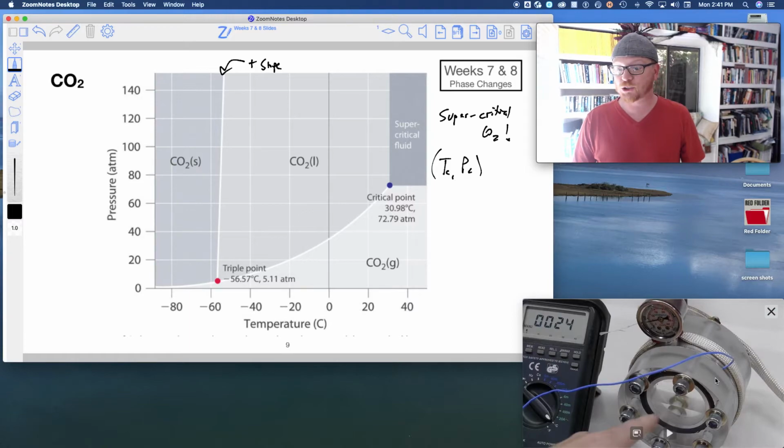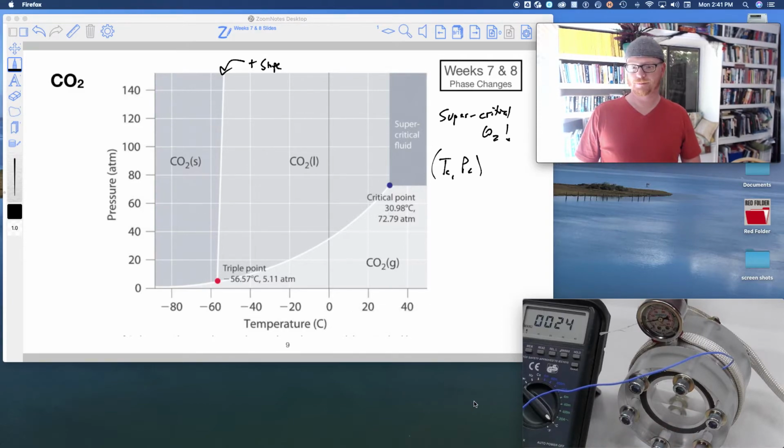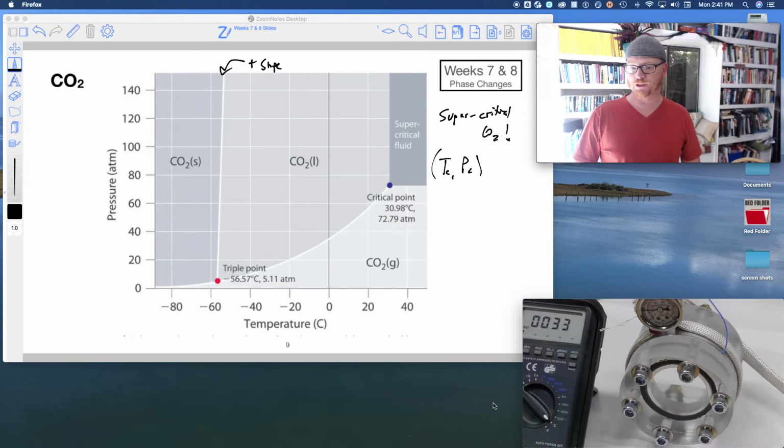Okay, so watch what happens as he heats this up. This is really cool. CO2 is starting to boil in there. Temperature's going up. Watch what happens at 31 or 32 or so, you guys. Okay, now the boiling has pretty much stopped.